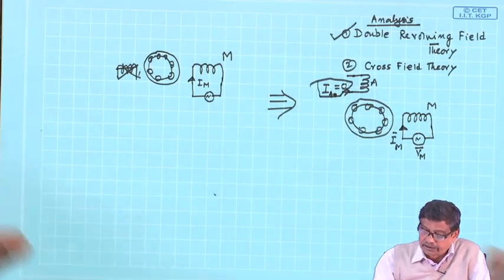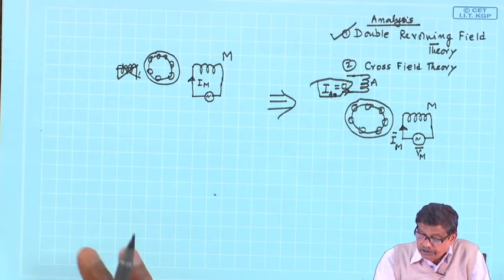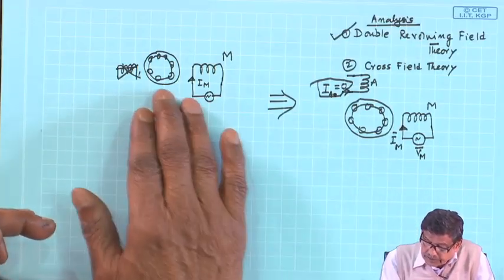No source is connected. So, I a is made forcefully 0, and therefore, these two systems are one and the same system.